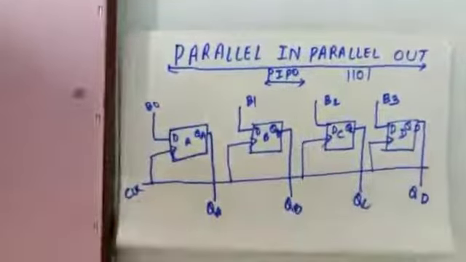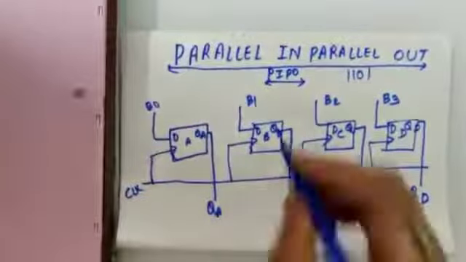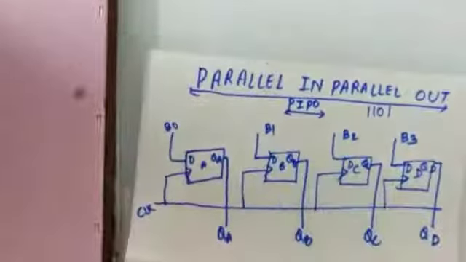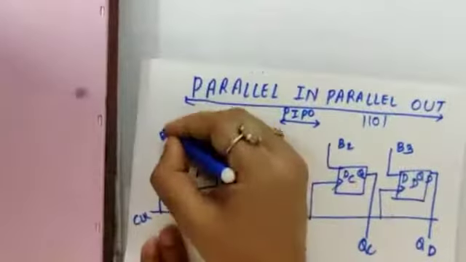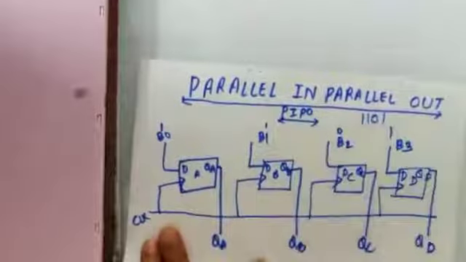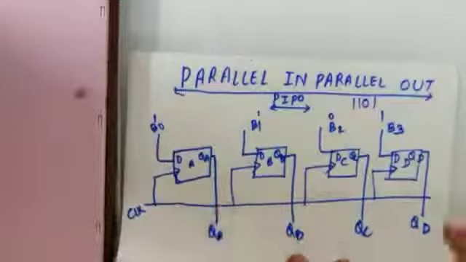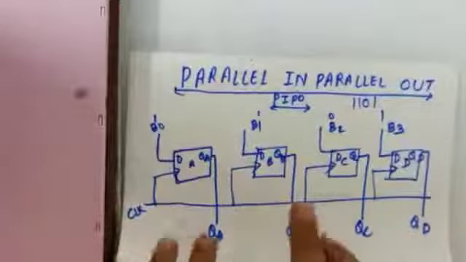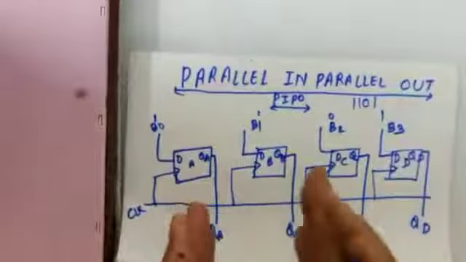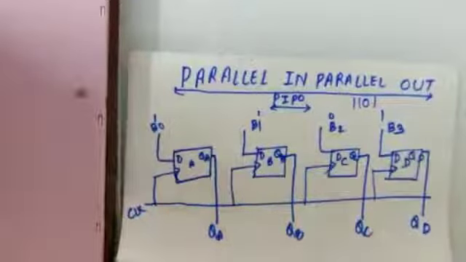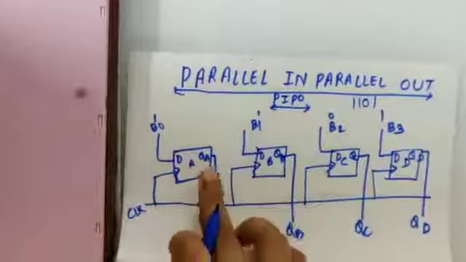So this is the simplest register and the fastest, because as you supply the data, for example you are supplying 1101, as the positive clock reaches each flip-flop, all the flip-flops will get triggered, and in this case the B, C, D flip-flops are not dependent on the output of QA.